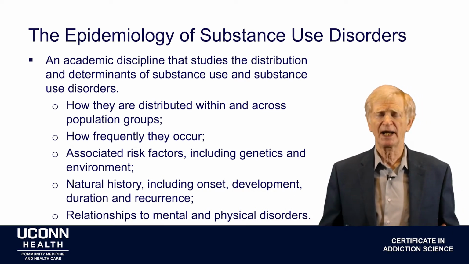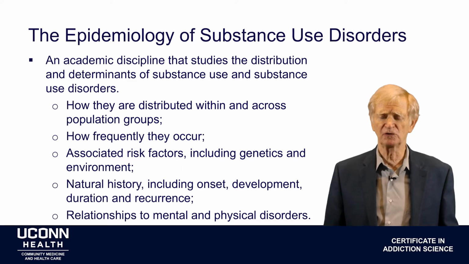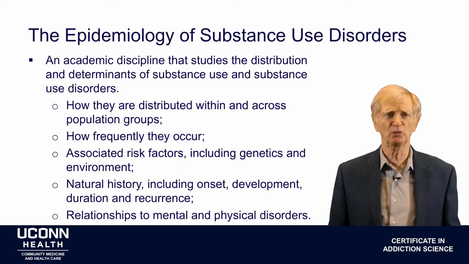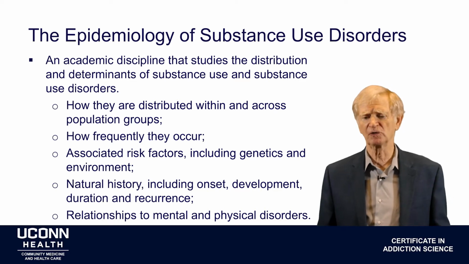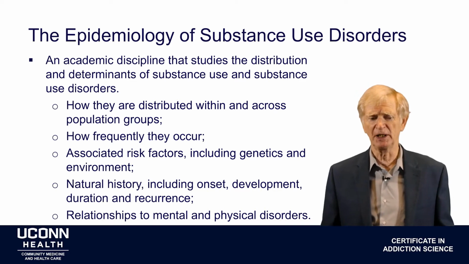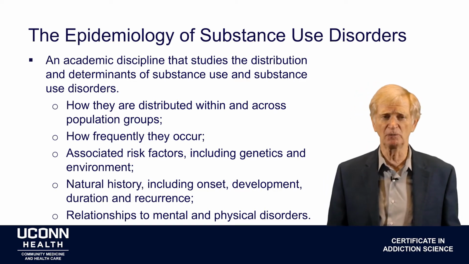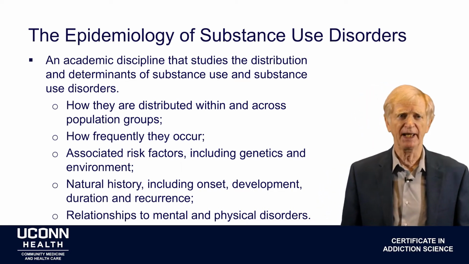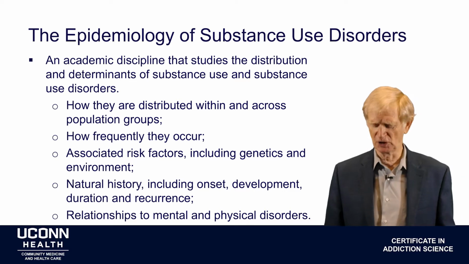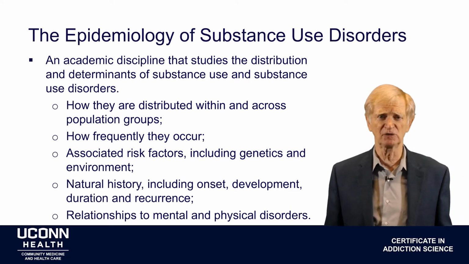So it's how these disorders are spread out within a population, how they occur in terms of their frequency. Are they more or less prevalent in some groups than in others? What the risk factors are and their relationships to psychiatric disorders.